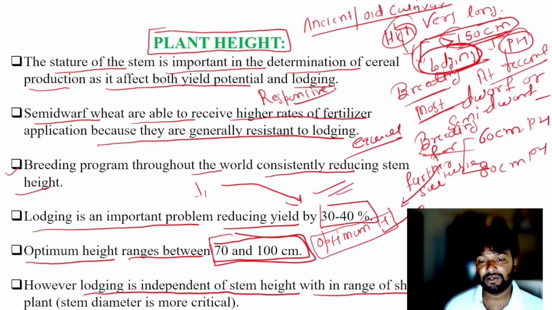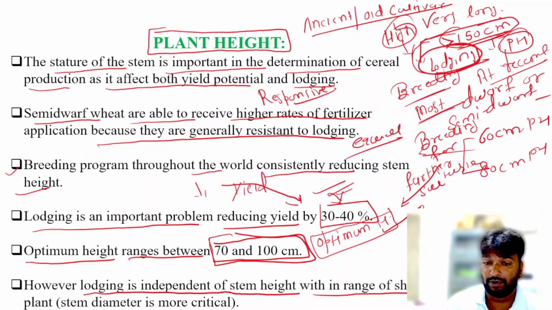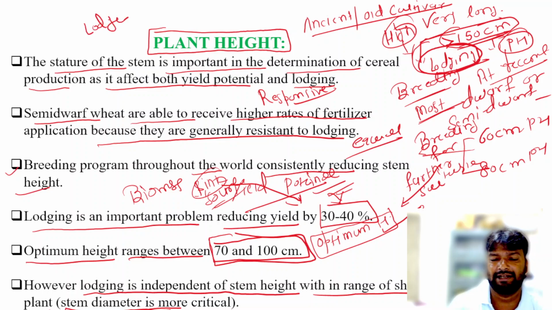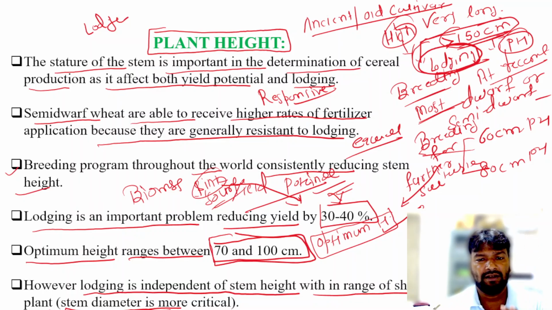But if you keep reducing the plant height, then it affects the yield potential, because it reduces the biomass, the sink and the source tissue. So in this case, we can work on the stem diameter that is also related to lodging. Okay, so if we do breeding for the stem diameter, that is good for the development of lodging resistant varieties. Okay, so this is about the plant height.